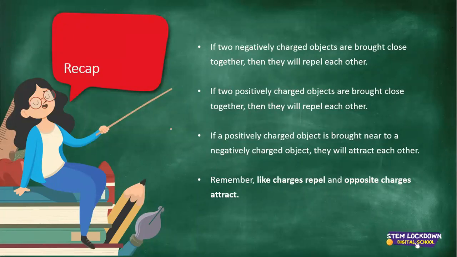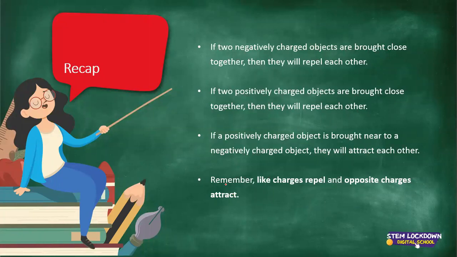So to recap yesterday's lesson, we learned that if two negatively charged objects were brought close together, then they would repel each other. And if two positively charged objects were brought close together, then they would also repel each other. Okay, if a positively charged object is brought near to a negatively charged object, they will attract each other.